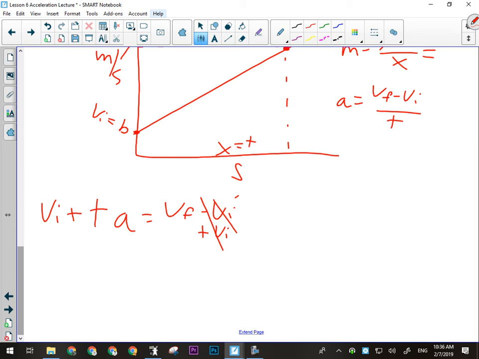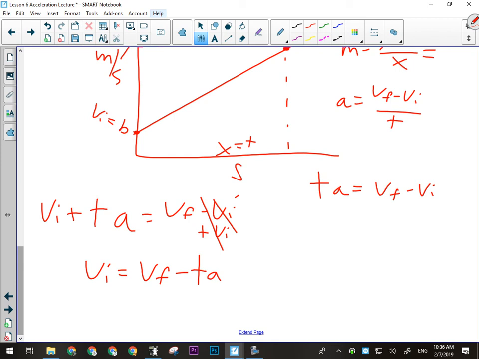Now I don't have to worry about the vector I get for it. How do I get T times A over there? Subtract it. Remember that according to order of operations, I would multiply these two numbers before I added it to VI, so I move it as one chunk. So VI will equal VF minus T times A. Here's why this makes sense. Just a minute ago, we said that T times A equaled the change in velocity.